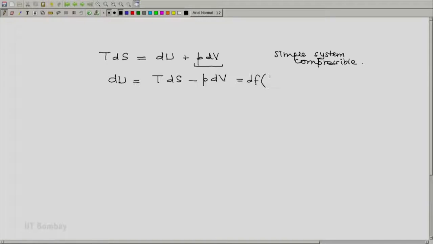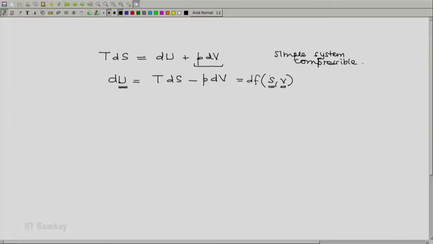We can select either S and V or we can select T and P, but let us write S and V. Now that means this function U, energy of a system, must be a function of its entropy and volume. And if we assume that a fixed value of energy will help us fix the state of a system, then it means that we have to specify two properties, for example S and V.